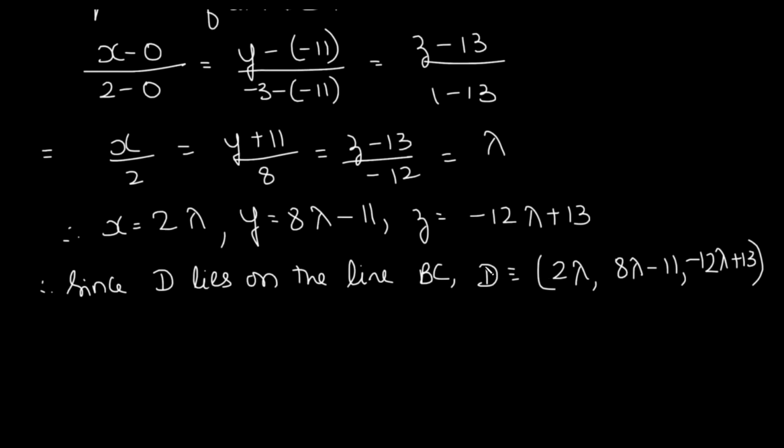You are finding the direction ratios of AD, and then you know the direction ratios of the given line 2, 8 and minus 12, and accordingly you can find the value of lambda, put it in the equation and get the coordinates of D. You are going to complete this sum as an assignment, because exactly like the fifth sum the steps are the same.